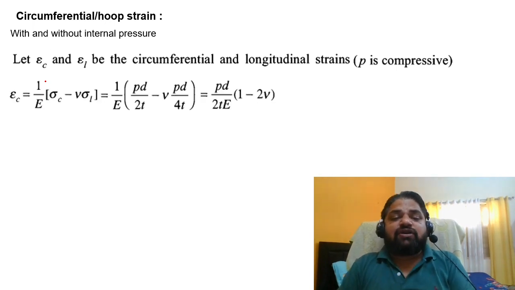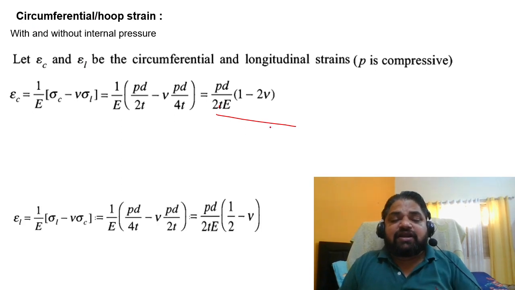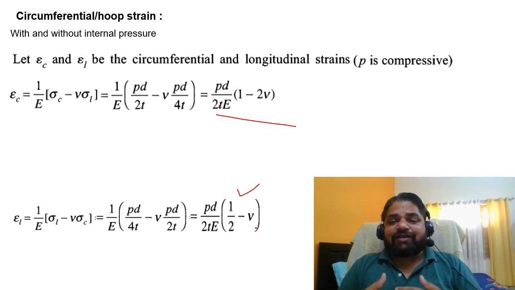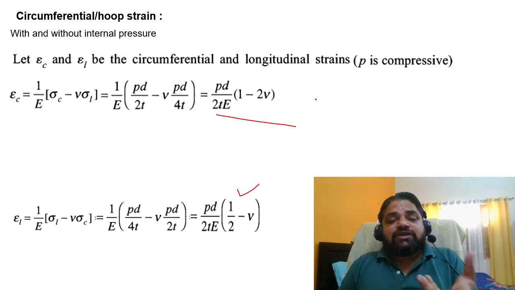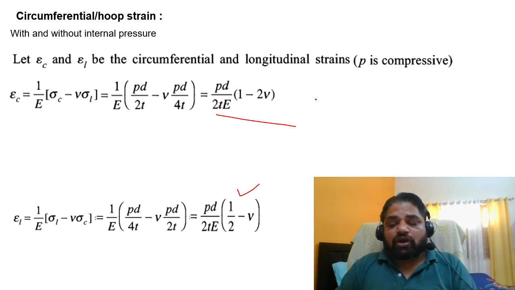Similarly here we can find PD by 2T into 1 minus 2 nu, if there is a combination. Similarly for epsilon L also, you can calculate PD by 2T into 1 by 2 minus nu. Why we are doing all these, we will come to at the end, where we will discuss how strain and nu help us understand the design of a cylindrical shell with closed ends.